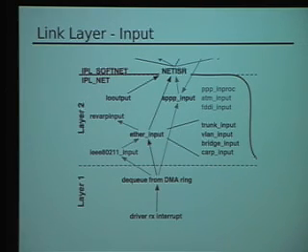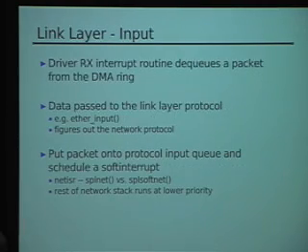And ether input will strip off the layer 2 header, so the Ethernet header, and start to process the packet. So if it is a VLAN packet, it will call VLAN input. If it is some other special packet, it will call other functions. And in the end, it will figure out what kind of protocol it is and move it further up.